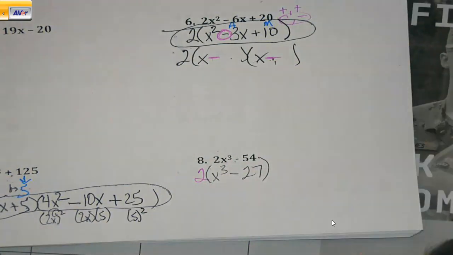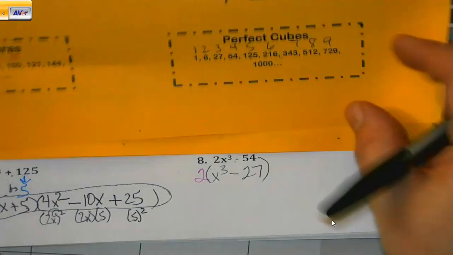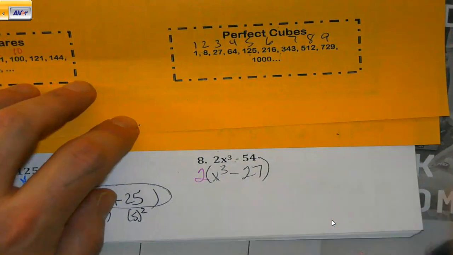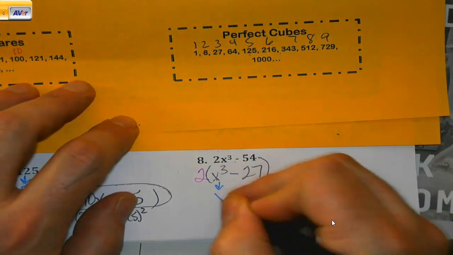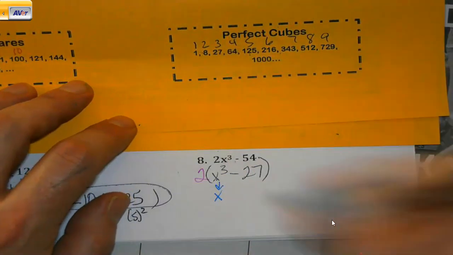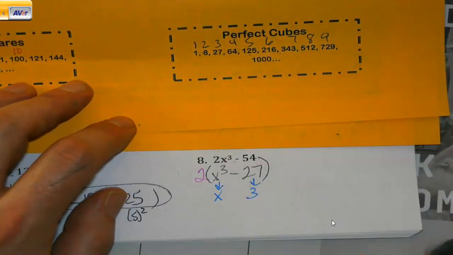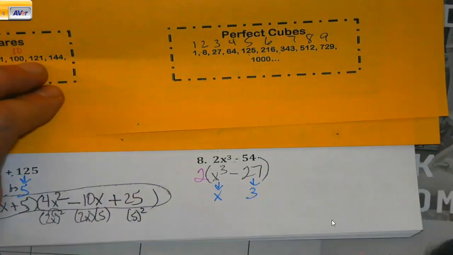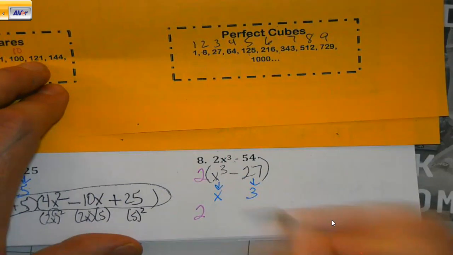Now let's look again. Okay, well, x cubed, you're like, okay, I can handle that. That's just x, I gotcha. 27 is 3. Now I'm going to do something similar to what I did over here. That 2 is still there.